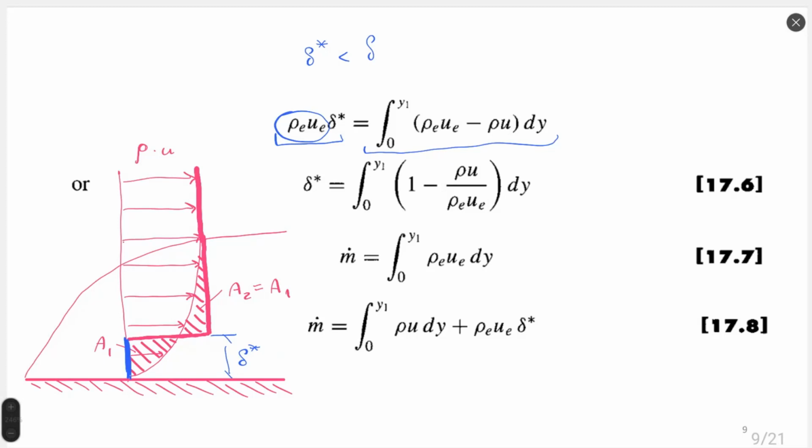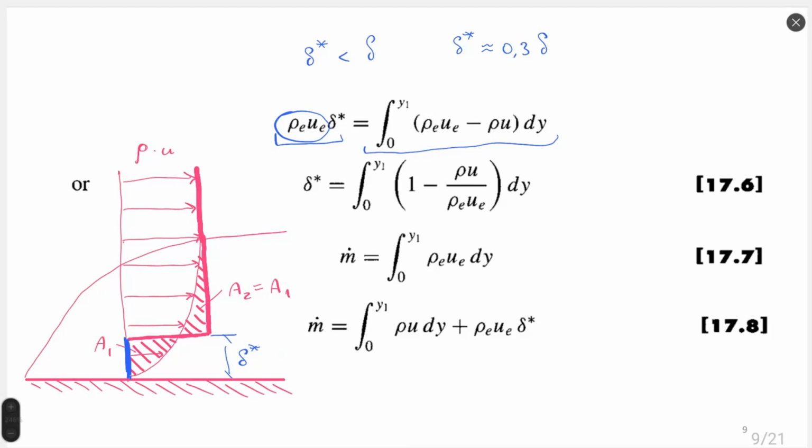Usually there is a recommendation that delta asterisk is very close to 0.3 delta, a first estimation we can use to calculate this displacement thickness. What does this definition of displacement thickness give us in practical applications?